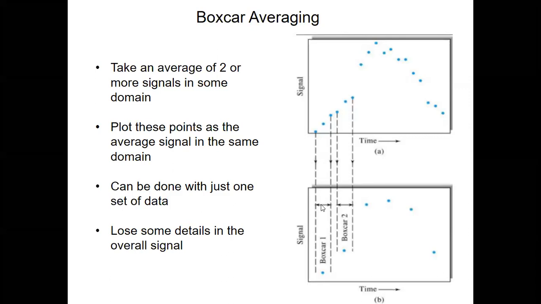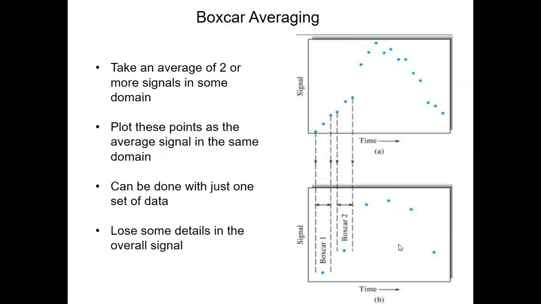Unlike in ensemble averaging, when we do boxcar averaging, it will lose some details in the overall signal. So you will see the peak shape also a little bit different. Since we are averaging 2 or 3 consecutive data points, it will cause some loss of details.